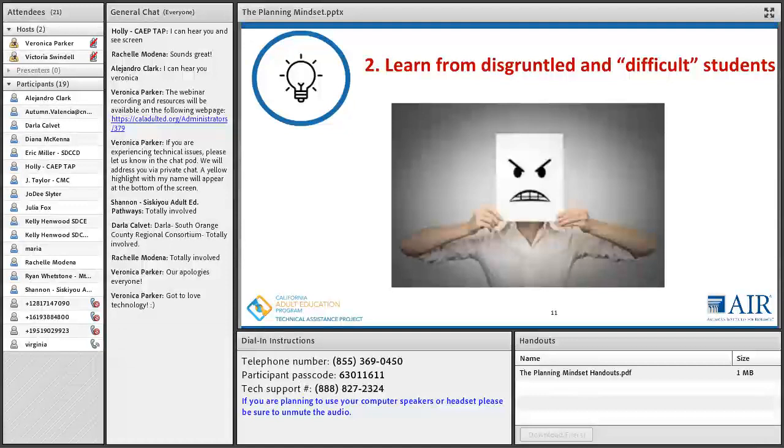Okay, great. So this is a strategy that I really love that, again, you may plan to do something, you may have a system in place, and you get students who are frustrated, who are having trouble, who don't connect to the right people, who aren't getting the right supportive services, and sometimes they're going to complain.